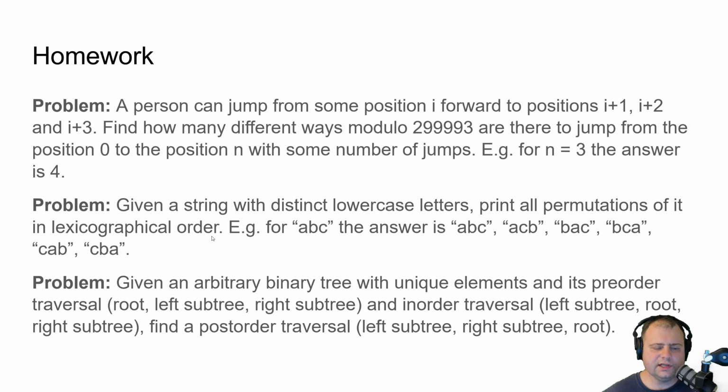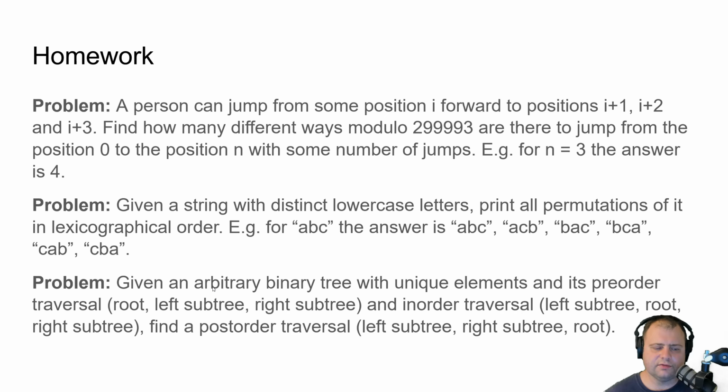And then for the last problem, we cannot do this binary search solution because there is no guarantee on the order of elements. But the nice thing about it, we know the root. So basically we can find the root in the inorder traversal.